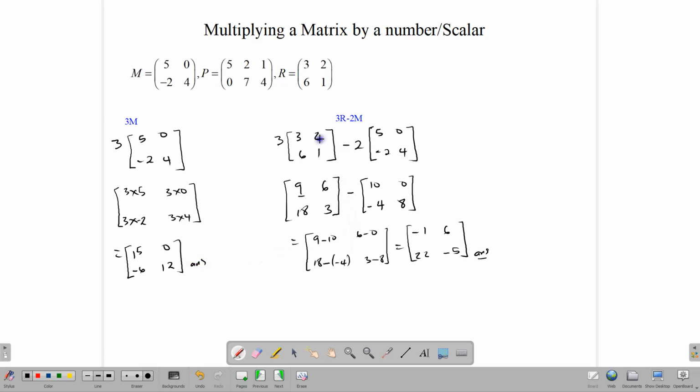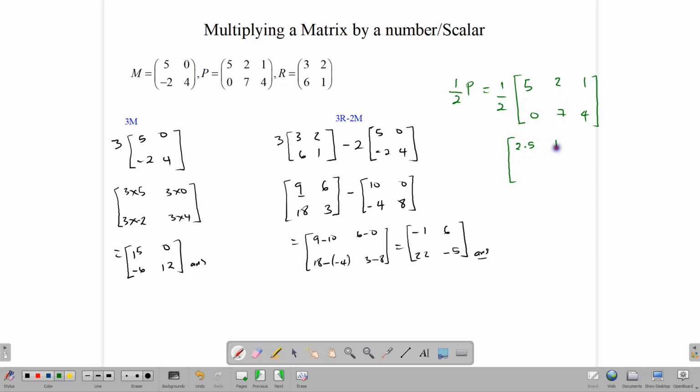Also, we could find, using a different number, for example, let's find half of p. And that would be equal to half times 5, 2, 1, 0, 7, 4. And half of 5 we know is 2.5.